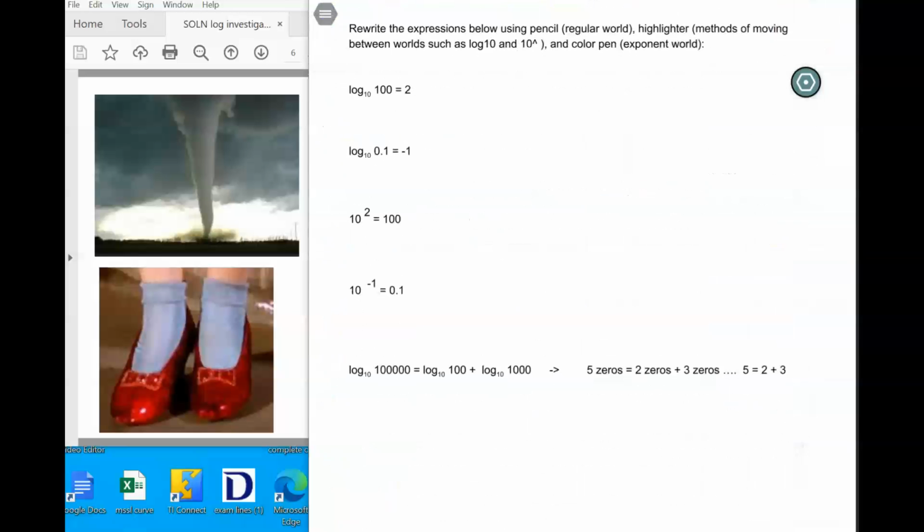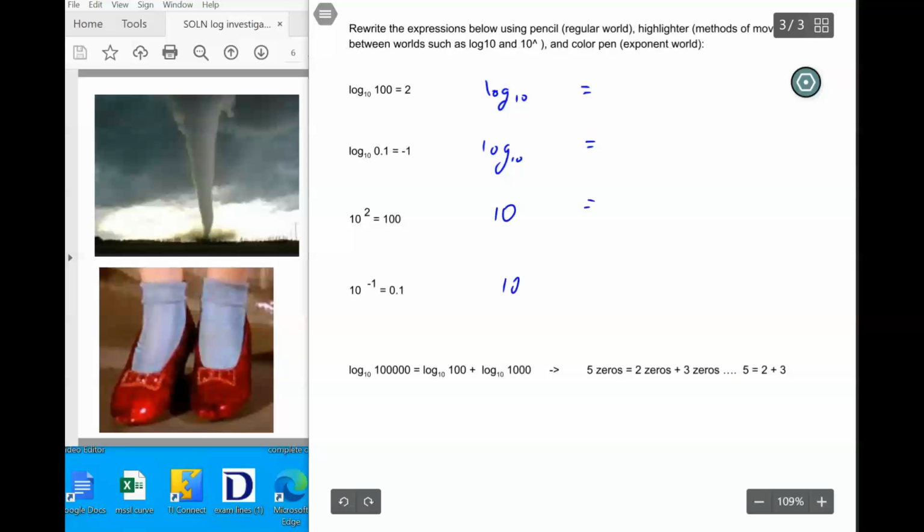All right, on the final page, what we're going to do is rewrite these expressions using the appropriate colors. So, for example, the conversions I always write using blue. So all the conversion notation I just write in blue. All I'm doing is rewriting these expressions using the right colors.